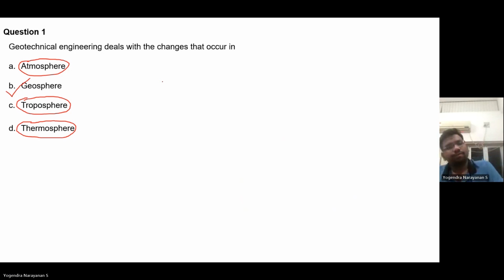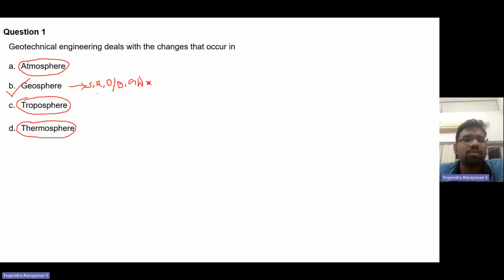Hope I am clear now. So, essentially, geosphere contains soils, rocks, organic matter, or biota, groundwater, etc. Essentially, these are the main components, and all these properties come under geosphere, and essentially all these properties affect this.